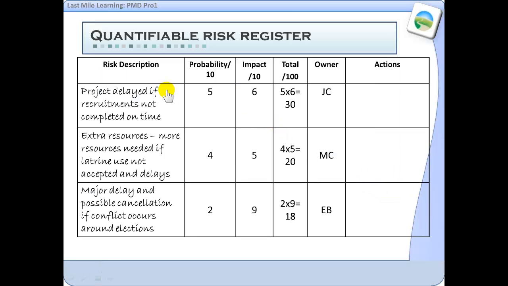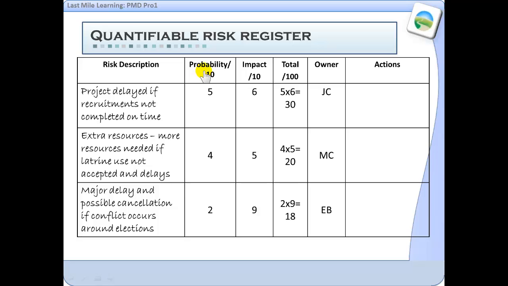And then there's a tool that's called a risk register. Now the risk register can be done in many formats, like all of the PM tools. This one is what we call a quantifiable risk register. You could have one that has much more qualitative data, but basically you build yourself a grid, and then, as the risks are identified, like I said, some of these will come by converting the assumptions from the log frame, you'll describe the risk.